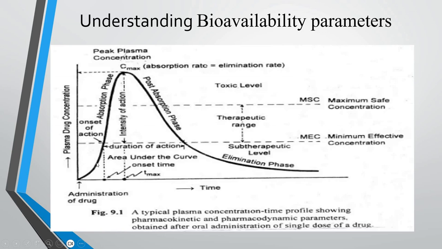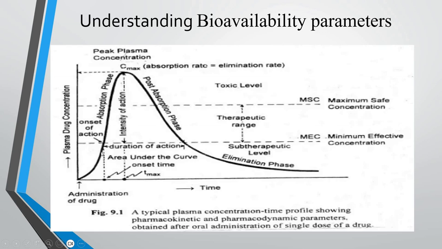This is the absorption phase. The drug is getting absorbed and becoming available with respect to time. Here you reach Cmax, the maximum concentration, at this Tmax. And then the elimination phase starts.